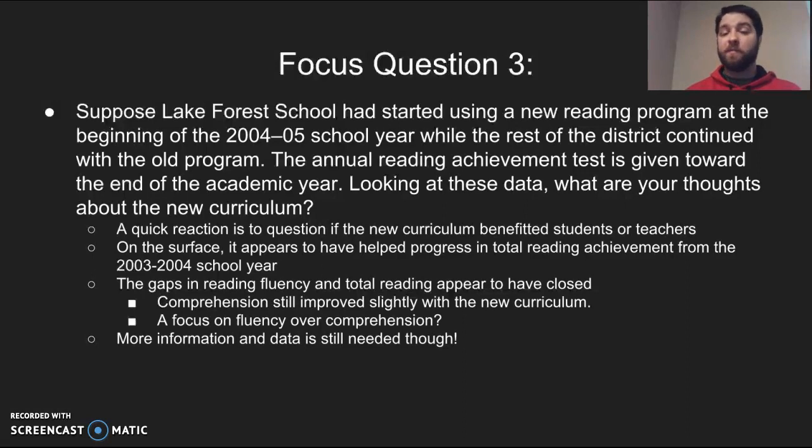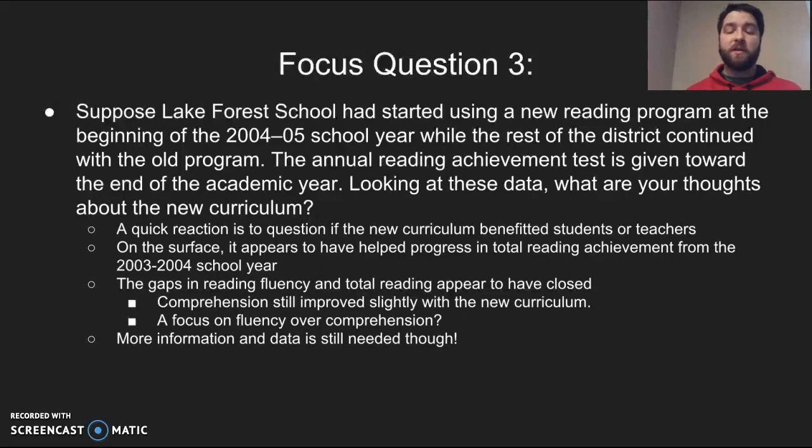Because there was a lot of research and support for the idea that if we teach foundational skills and fluency skills, when students learn how to read well, comprehension will naturally improve on its own without a whole lot of direct explicit instruction. It's not to say that comprehension instruction isn't important, but focusing on fluency, especially for 3rd grade readers, to catch them up if they're performing behind same age peers, will help their comprehension improve over time as well.